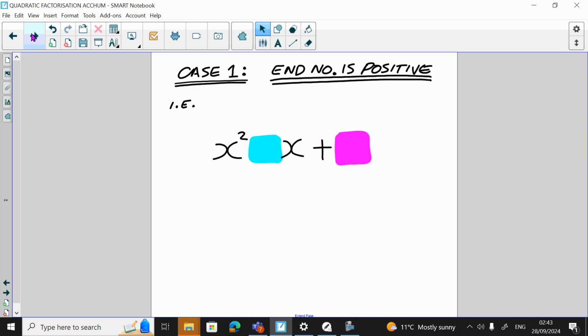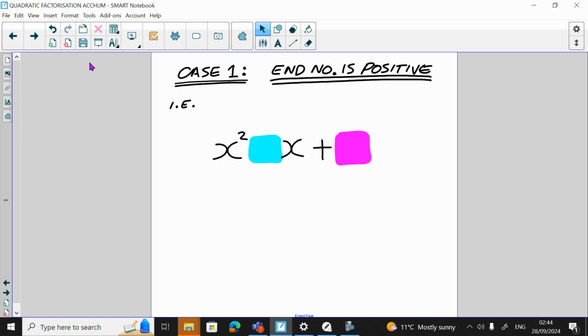Right, so the first situation or case is when the n number, the constant, is just a number on its own with no letters attached to it or multiplying it. And here it's a positive.